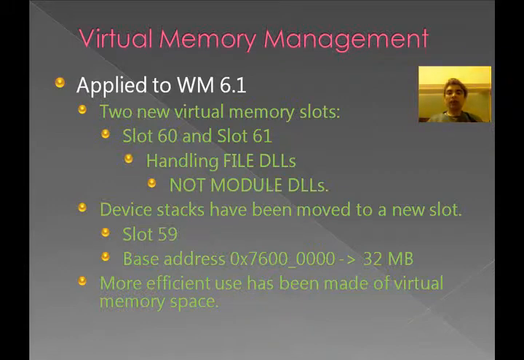We also added slot 59 for device.exe threads virtual memory, so all the threads in device.exe can use slot 59 virtual memory, so that we can gain about 8 megabytes of virtual space in device.exe, so we can load more DLLs in device.exe, or in other words, we can load more drivers in Windows Mobile devices. That was the change we added in 6.1.